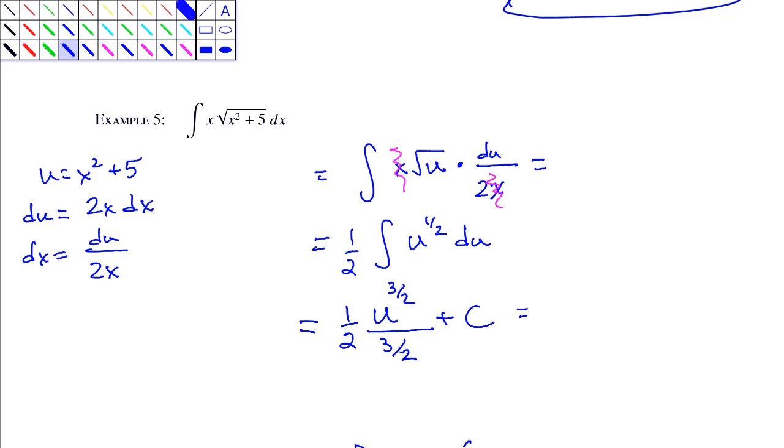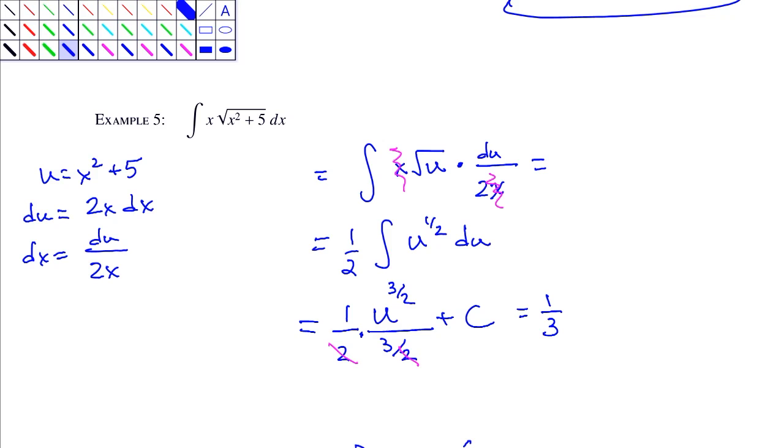Now I'm going to rewrite the 1/2 so that it lines up more properly there. Now the 2's cancel. That 2 was already there, so that was convenient. And so now we have 1/3, 3's on the bottom.